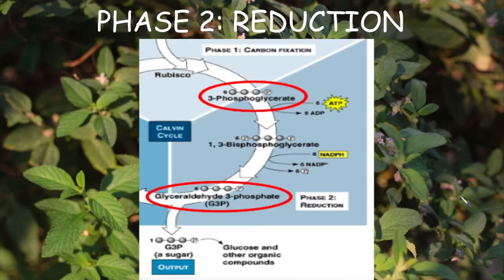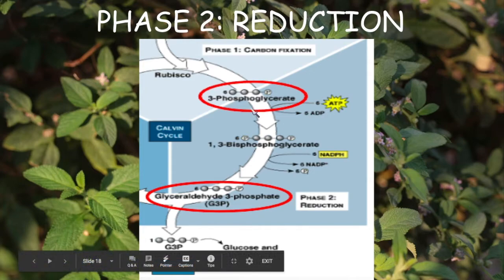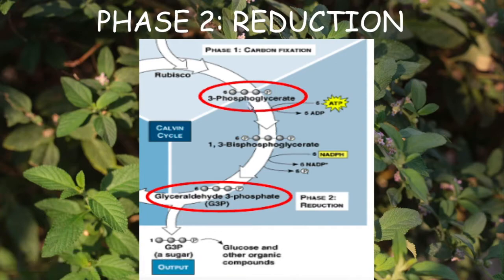But don't worry. Phase 2, reduction. In reduction, we have the 2 triphosphoglycerates from earlier. And guess what? We got the ATP from the light-dependent reactions and the NADPH from the light-dependent reactions.